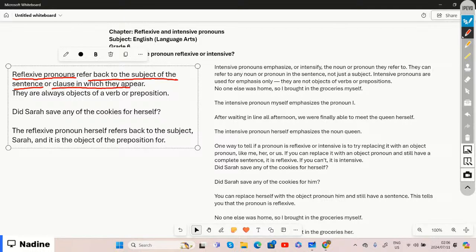That is a reflexive pronoun. And with a reflexive pronoun, they are always objects of a verb, or objects of a preposition.